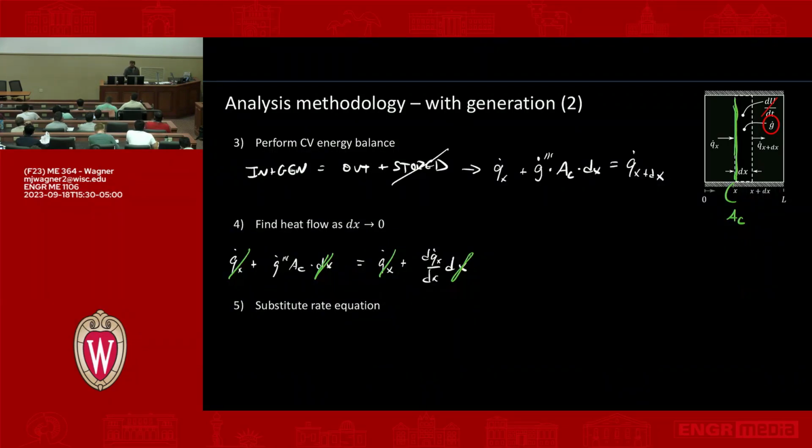Okay, so we're left then with our differential equation, which is dq dot dx is equal to g dot triple prime times Ac. Again, it looks similar to what we had before, but instead of it being 0, there's a term there. And that changes the solution. It changes the answer. Okay, questions on this so far?